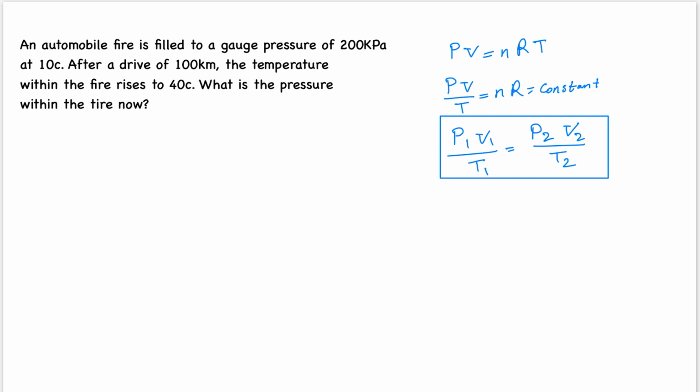So it says that an automobile, this is a tire, is filled to a gauge pressure of 200 kilopascal at 10 Celsius degrees.